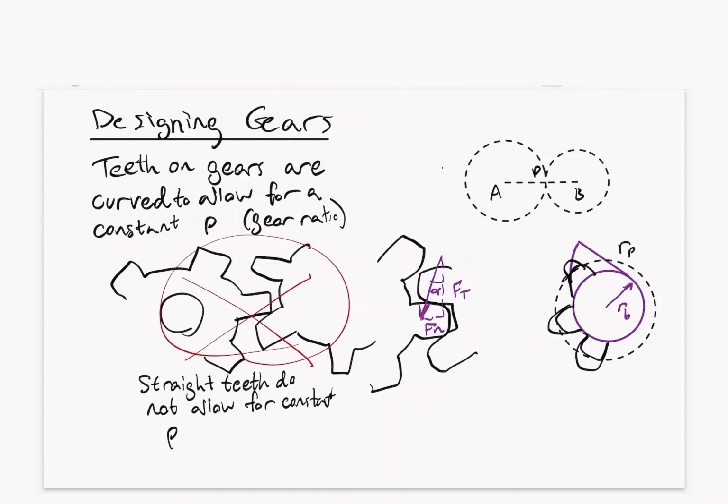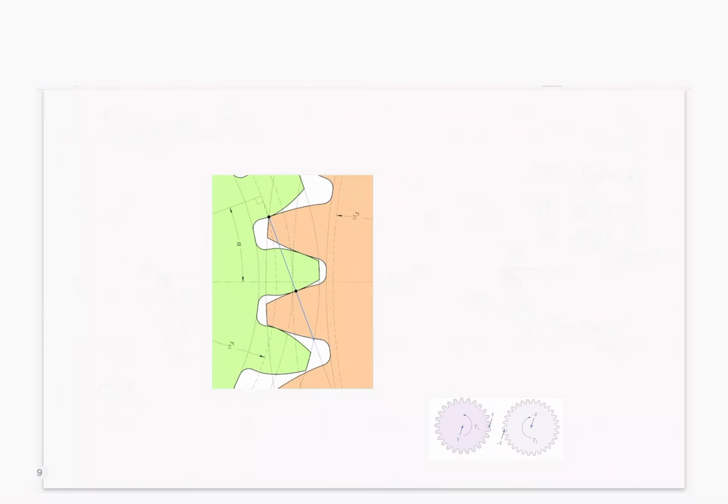And I'm going to show you a better drawing because this is not an easy thing for me to draw. So let's go to the next page. And here, when we want to see what's going on, we have some gears with some nice involute curves. So we see that they have a curve to them.